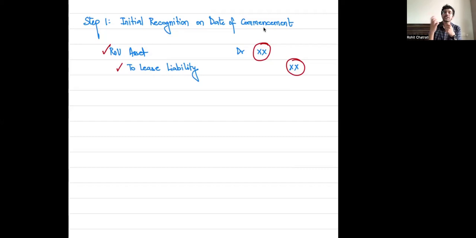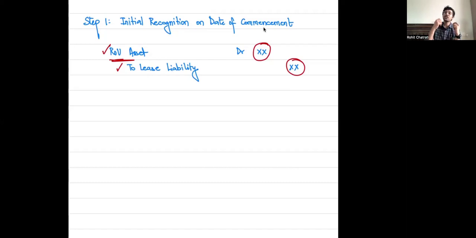That right to use the equipment is an asset for the lessee, and that is the reason Ind AS 116 states that lessees have to recognize a right of use asset, which is required to be reflected on the balance sheet.